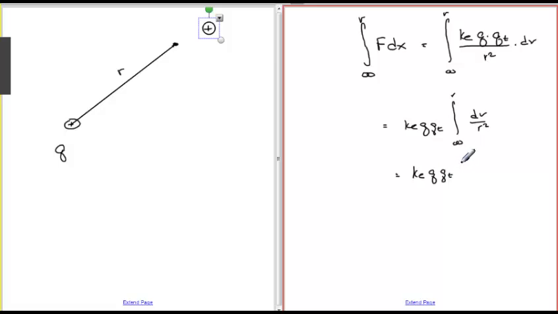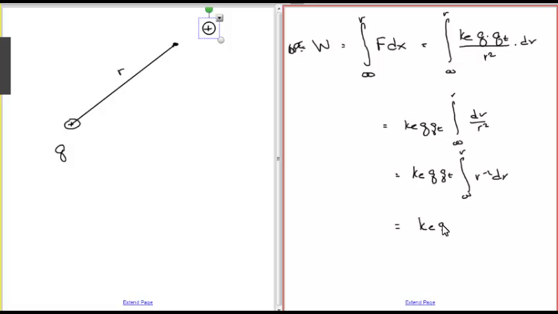and this is going to equal the work, which is also equal to the change in potential energy. And when you integrate this, you're integrating r to the minus 2 dr. So you add 1 to the exponent and divide by the new exponent, so you get 1 over r.